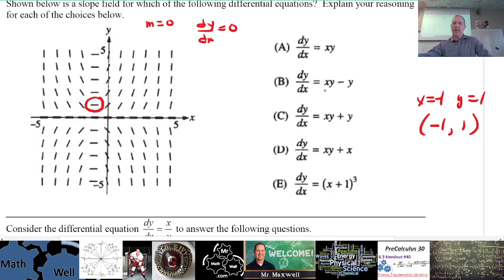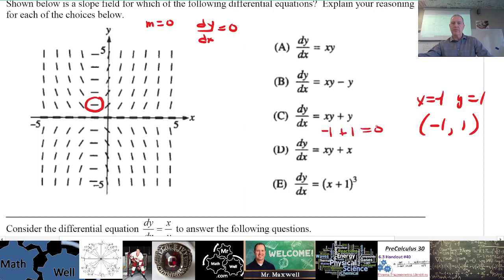What about this one? x minus y, so that's negative 1 minus y, which is positive 1. So negative 1 minus 1. Ooh, that's negative 2. So at negative 1, 1, I don't think we have a negative 2 slope here. So it doesn't look like it's this one either. All right. What about this one? Well, this is negative 1 plus 1.